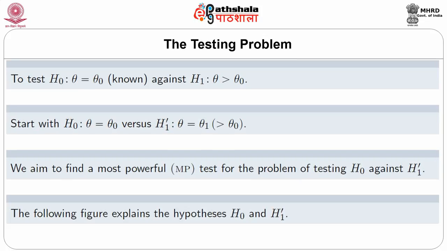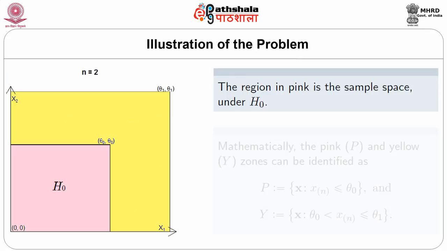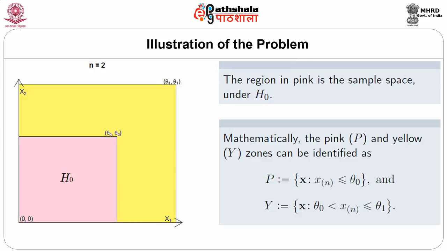The following figure explains the hypothesis H naught and H1 prime. So n is 2 here, so X1 and X2. You see the region in pink is the sample space under H naught. Mathematically, the pink and yellow zones can be identified as follows.